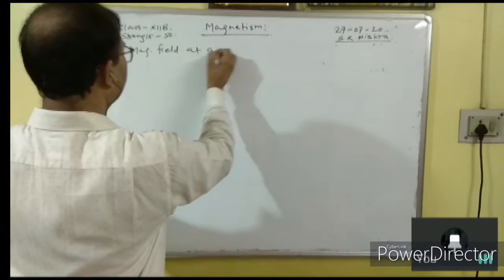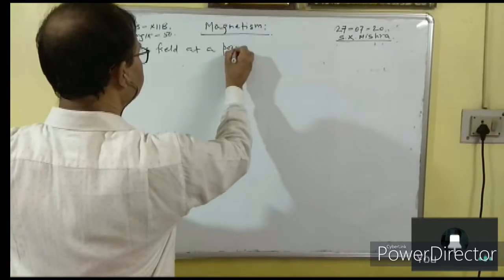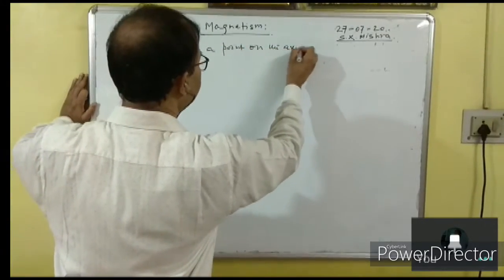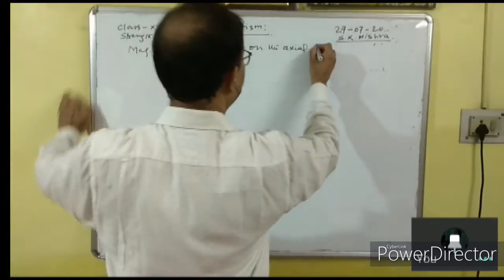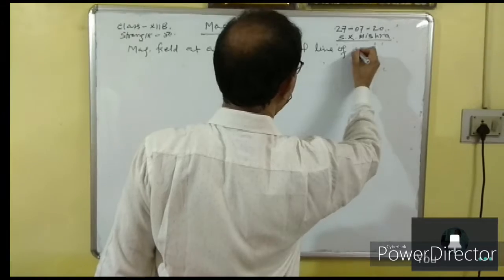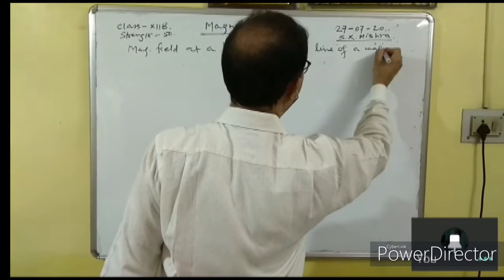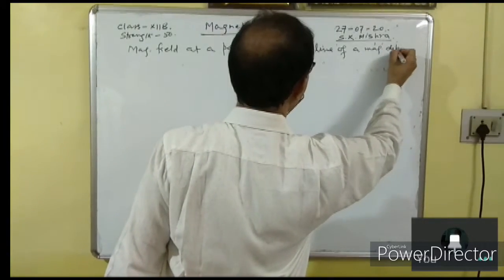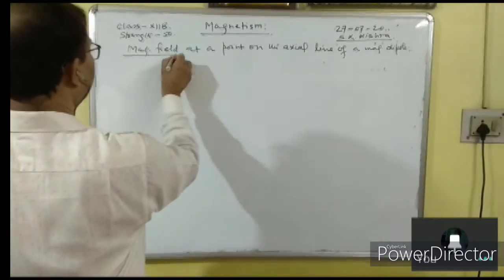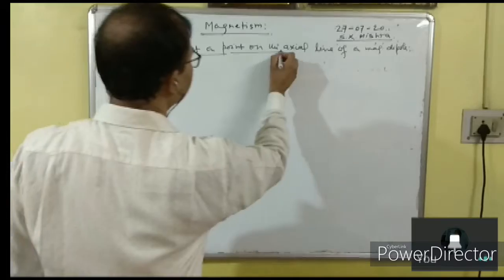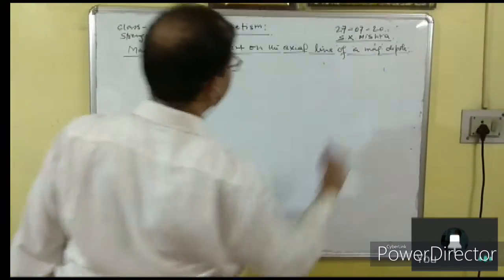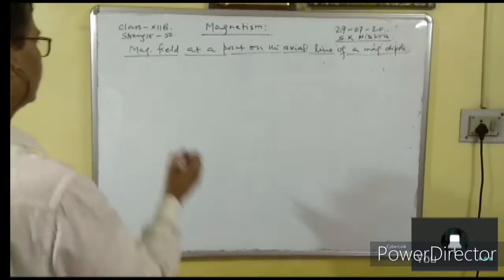Obviously, the two dipole moments are equal. So this angle will be 30 degrees. It's an angle bisector. Here also, this angle will be 60 degrees. You can consider this one as 60 or this one as 60. So the net dipole moment, the resultant dipole moment, makes an angle of 60 degrees with m2 or m1.